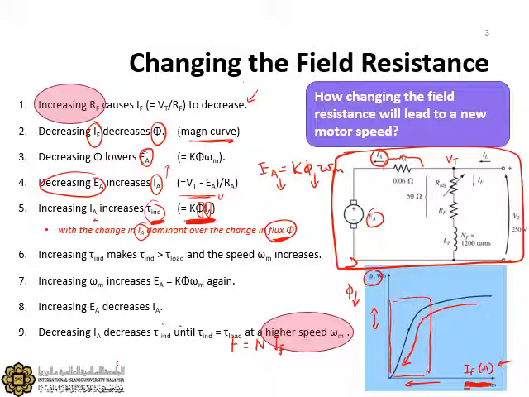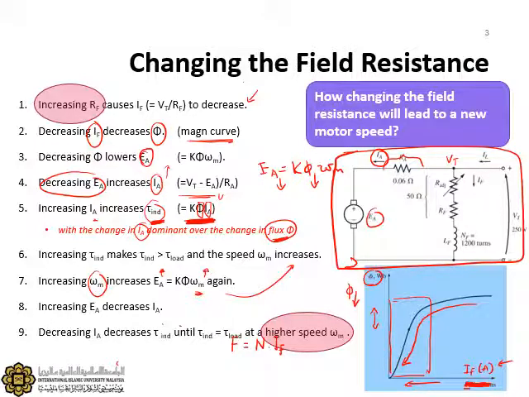Then omega m is increased, which we learned from this. So when omega m is increased, EA will also be increased, right?